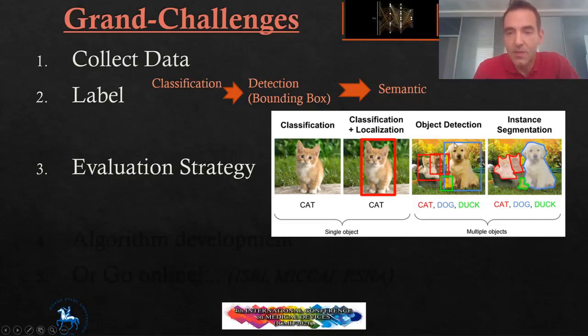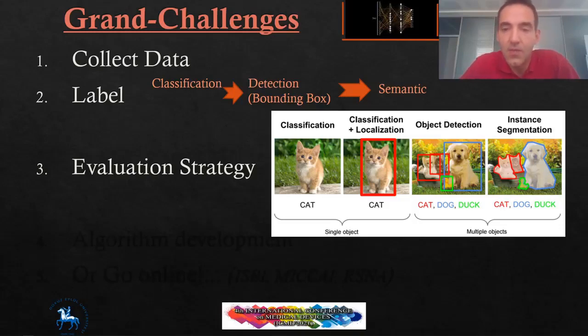Now, this is the object detection problem, which is also very popular, for example, for pedestrian detection in industrial problems nowadays, and it is also very popular in medical image processing. The evaluation strategy is totally related with the labels. If you have a classification problem, then you need to use accuracy metrics like the area under the curve.